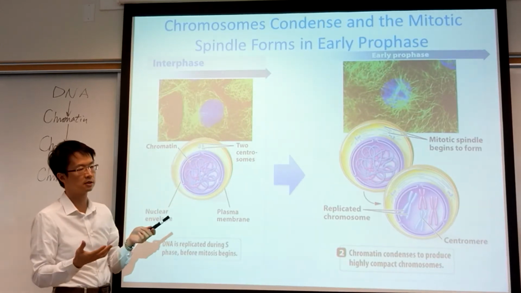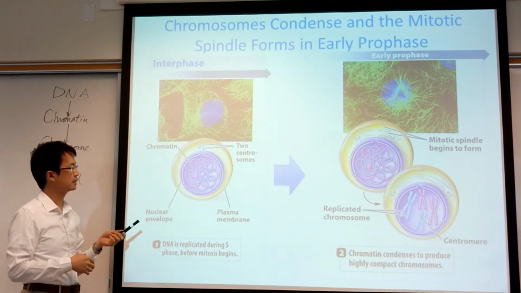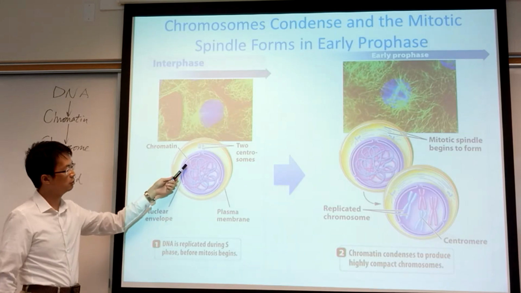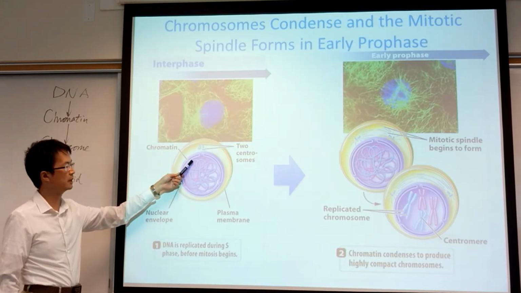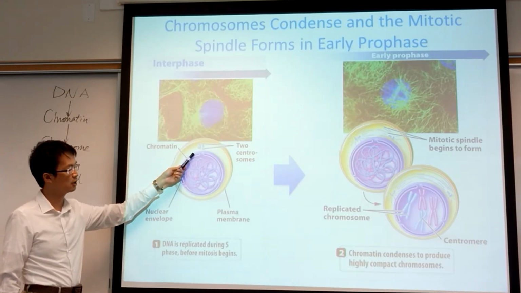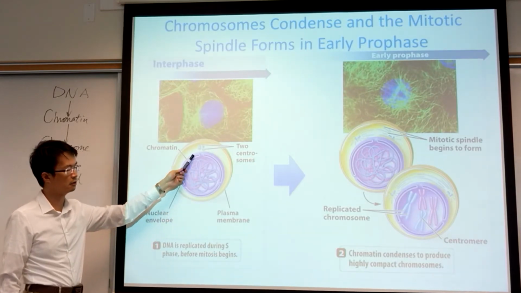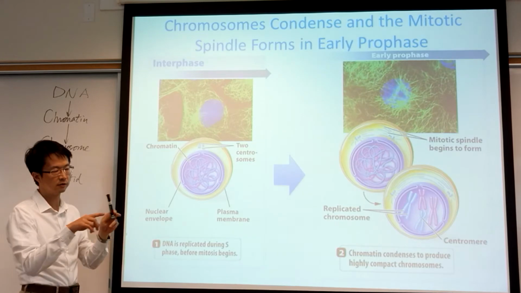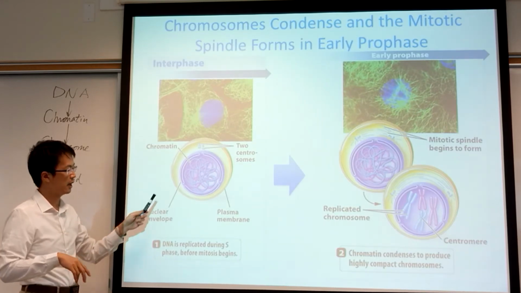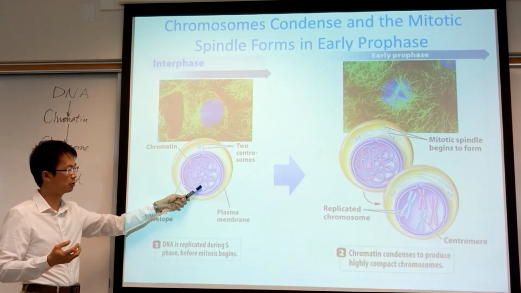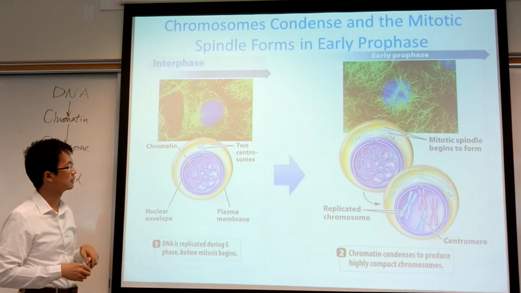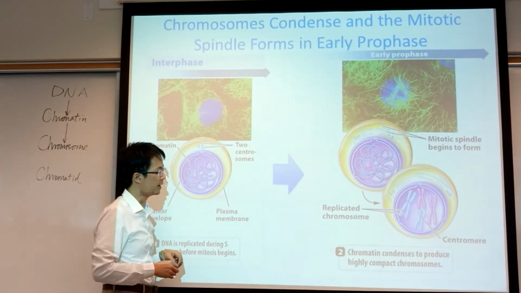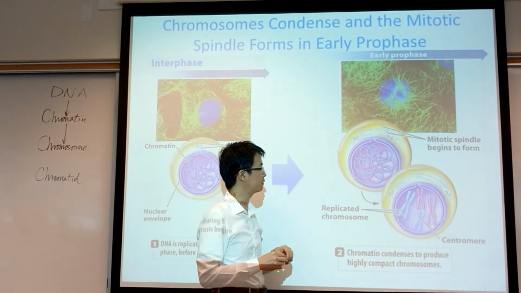During interphase, you still have chromatin inside the cell, and the nuclear envelope surrounding the nucleus. That's why the boundary of the nucleus is very sharp, and it is very dark because it is all filled with chromatin.